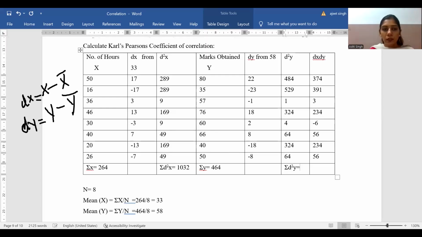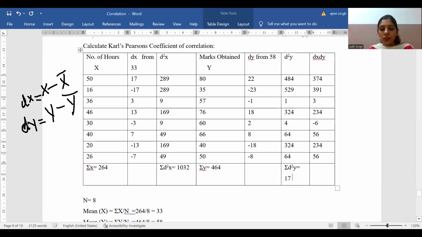Let's calculate. 484 plus 529 plus 1 plus 324 plus 4 plus 64, then plus 324, then plus 64. Okay, it's 1744. Now we have to calculate the sum of dx dy.